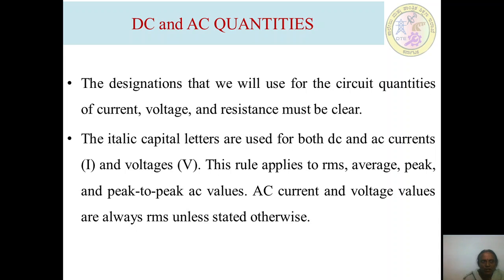DC quantities always carry an uppercase Roman non-italic subscript. For example, IB, IC, IE are the DC transistor currents, whereas VBE, VCE are the DC voltages from one transistor terminal to the other.